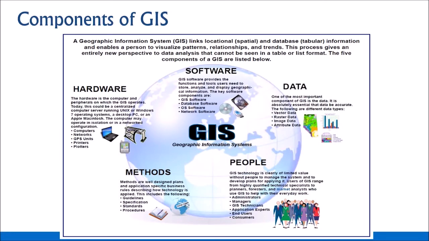So the fourth one is people. Of course, a software will not be working, or you cannot use the software without involving people. So people are the ones who collect the data, who process the data, who analyze the data, and turn the data into useful information.